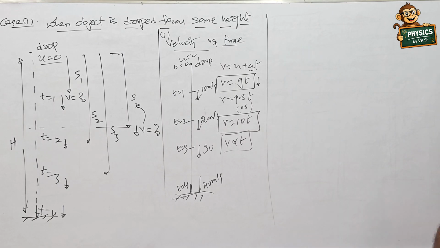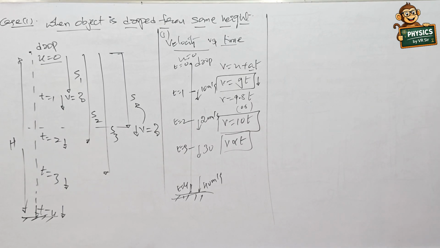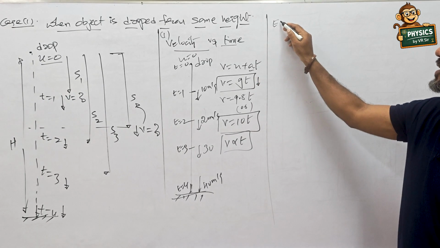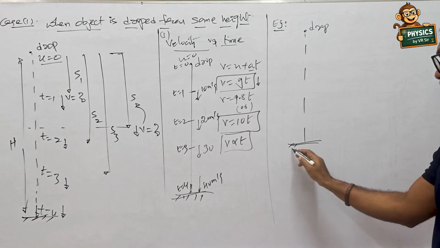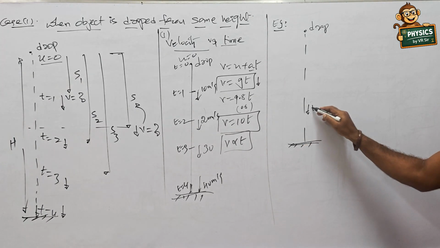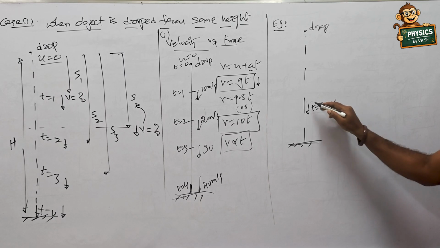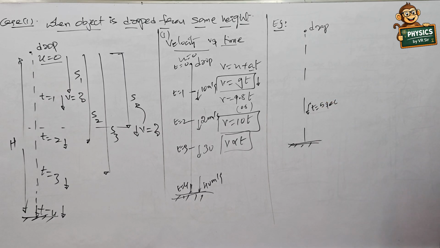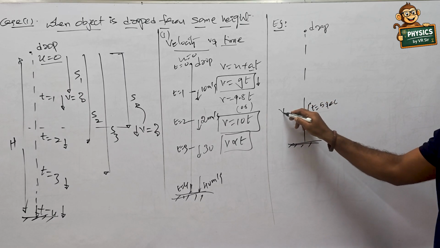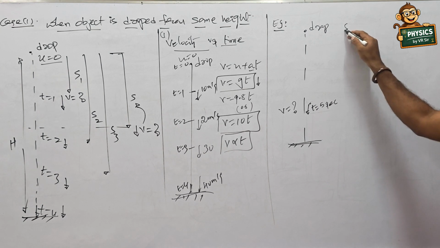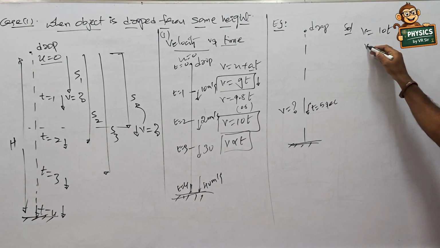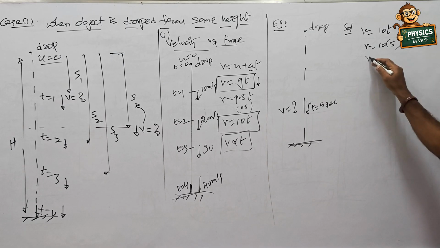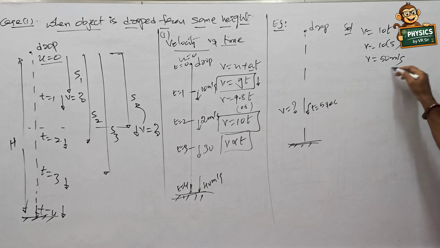Now question number 1, with an example. If an object is dropped, what is its velocity after 5 seconds? It is dropped, at t = 5 seconds, what is the velocity? v = 10t, so v = 10 × 5, so v = 50 meters per second.